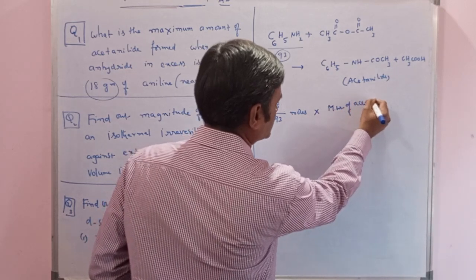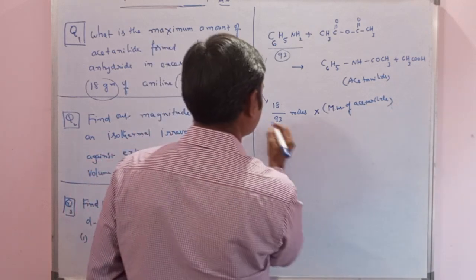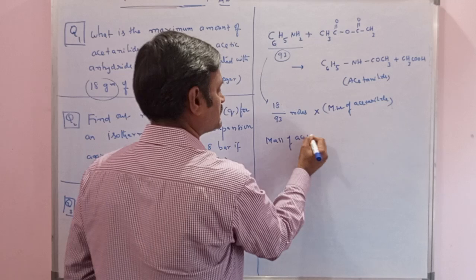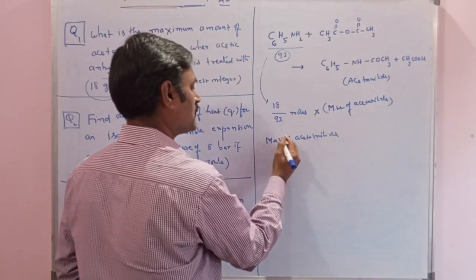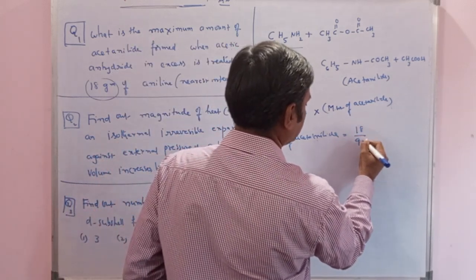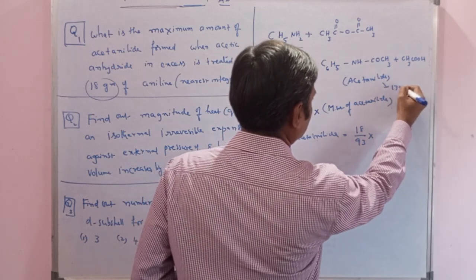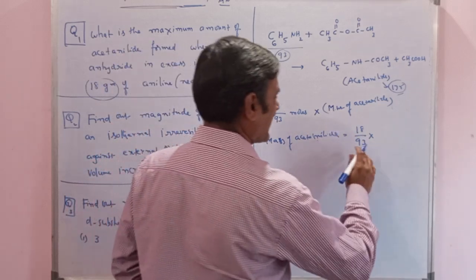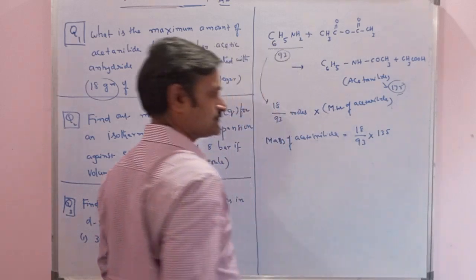Okay, then this will become the mass of acetanilide. So the mass of acetanilide obtained here is 18 by 93 into its molar mass, which will come 135. Calculate all the atomic weights and add, then 135 will come. So you'll write 135.